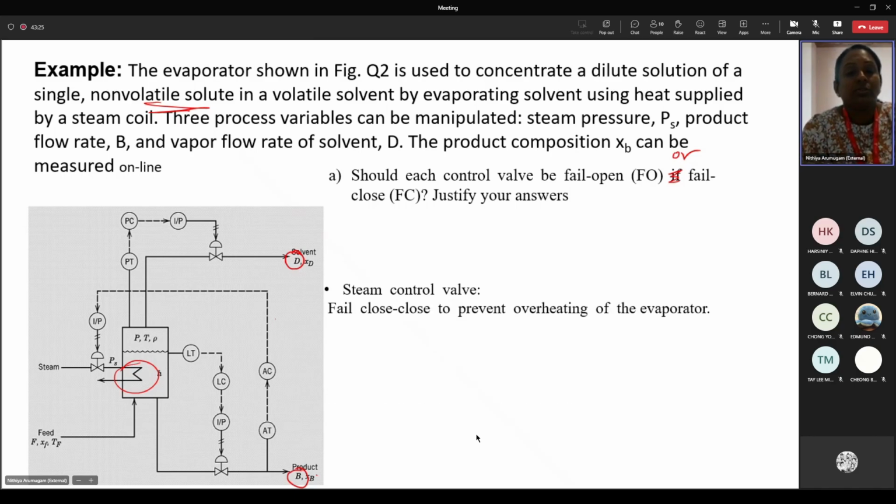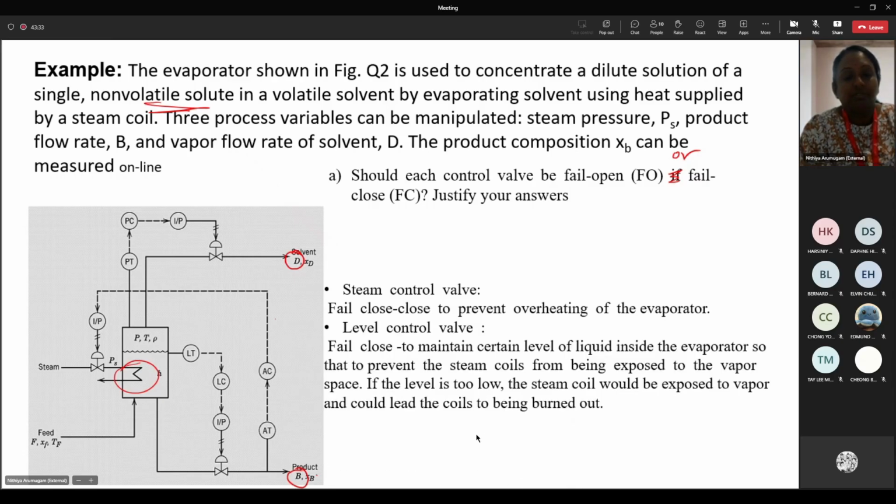If it fails close, it closes to prevent overheating of the evaporator. The level control valve failing close maintains a certain level, but if the level is too low, the steam coil will be exposed to vapor and could lead to the coils burning out. So that is for the level control valve and also the steam control valve.